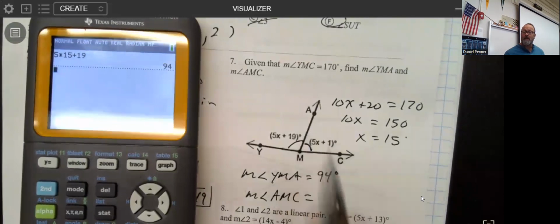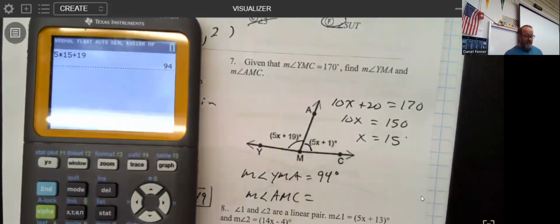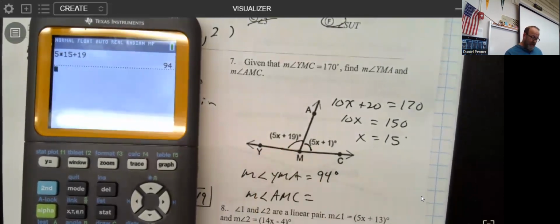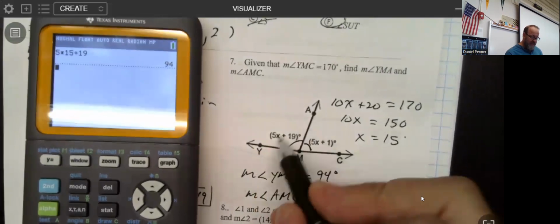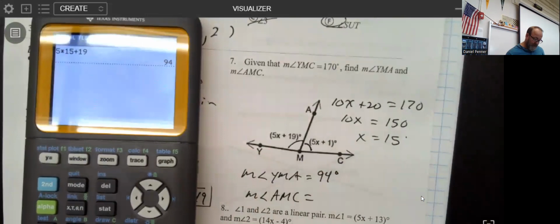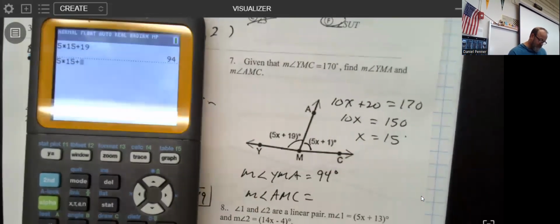It does look like it's a little more than 90. Please understand, when they have algebra problems in geometry, you have to trust the algebra. It's possible that this angle would turn out to be 74 degrees, even though it looks bigger. You have to trust the algebra. But 5 times 15 plus 1 is 76.